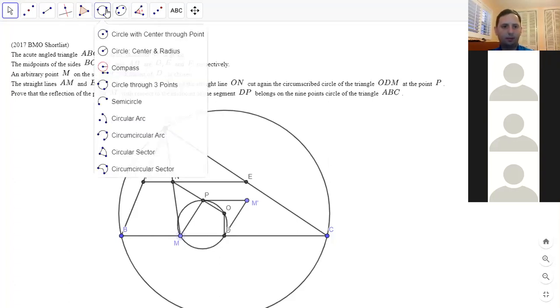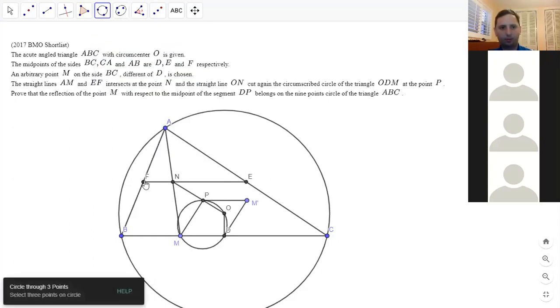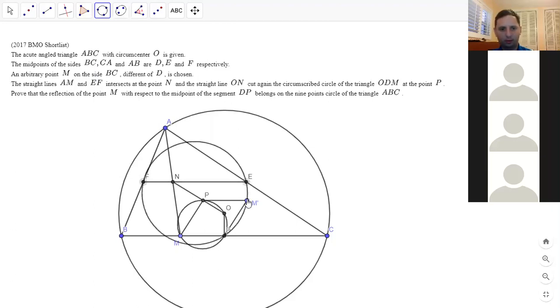Maybe it's worth drawing the 9-point circle, and well, I wonder if there's some other point on it that's special. Okay, I'm gonna erase it.